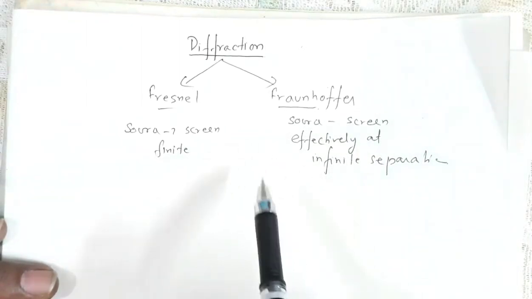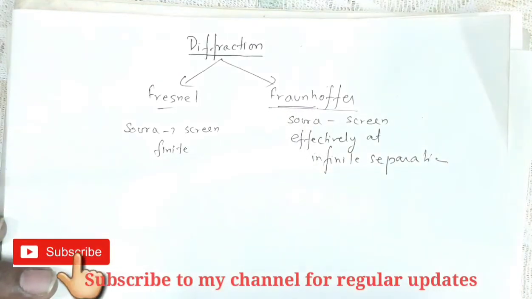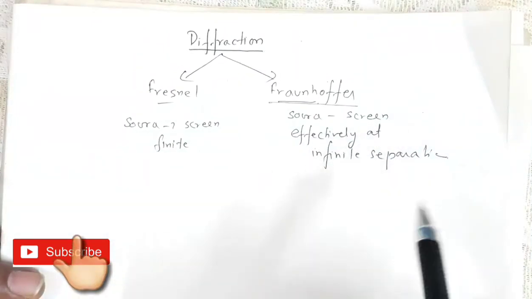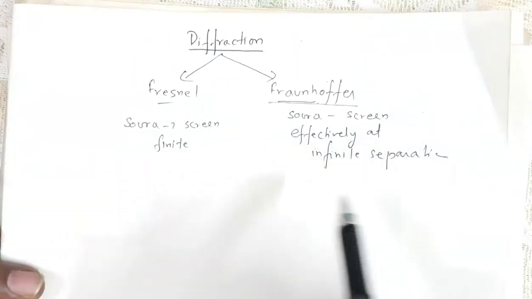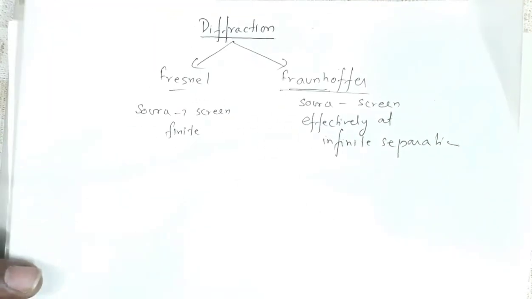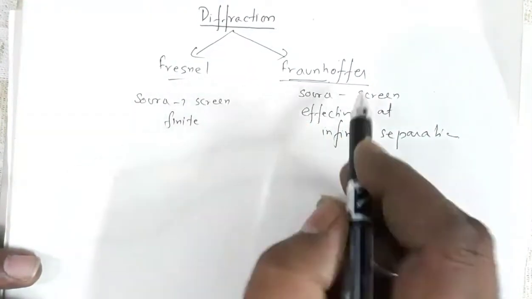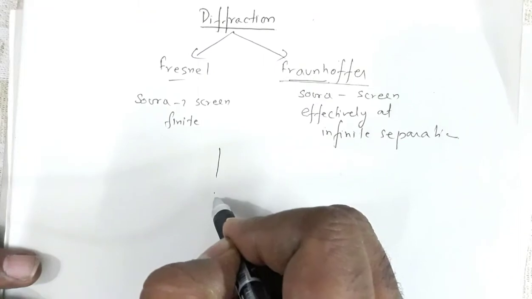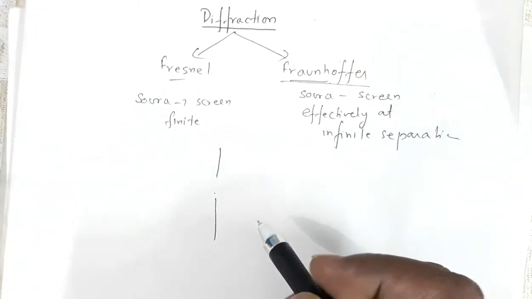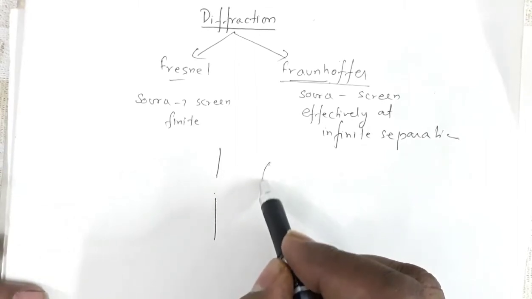In your NCERT textbook they have discussed Fraunhofer diffraction. Effectively at infinite separation, why? Because the source and screen are not actually infinitely separated. So let us see how this arrangement is. In this diffraction you have a single slit. In Young's double slit experiment you had two slits. Now in diffraction we will have a single slit, and there is a lens.